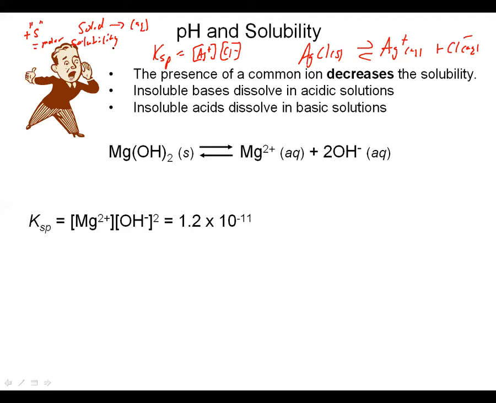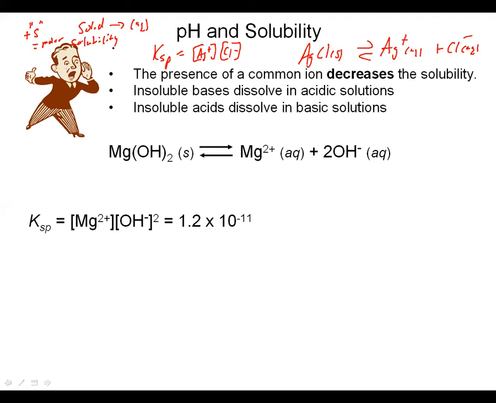So we finished up talking about things that affect the solubility of substances. The one we finished on last time was the common ion. A common ion will basically suppress a solid from dissolving.